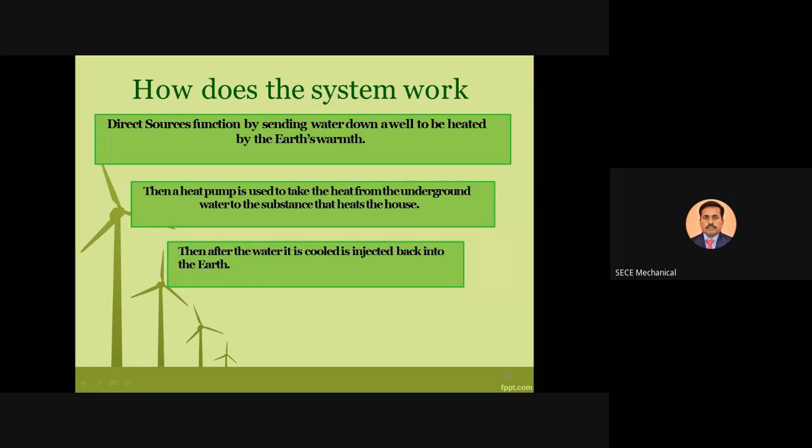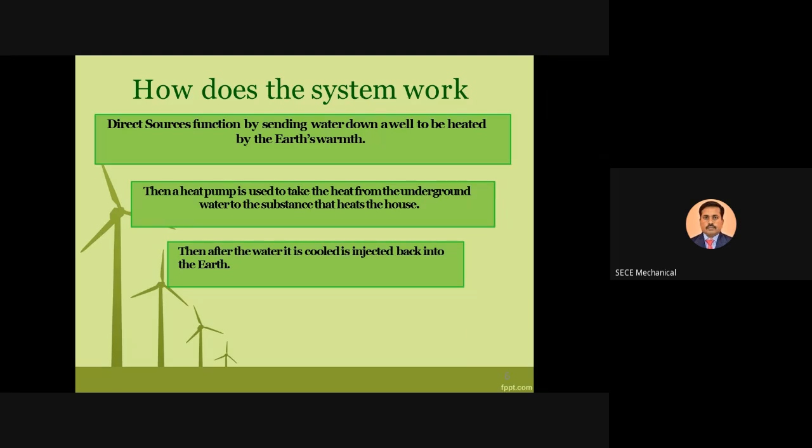And the heat pump is also used to take up the heat from the underground water to supply heat to the house. What is mainly used here to supply the water and to suck the water from the inner portion of the rock to the upper portion of the earth's surface is the heat pump. So with the help of the heat pump, we take up the heat from underground water for the heat of the houses.